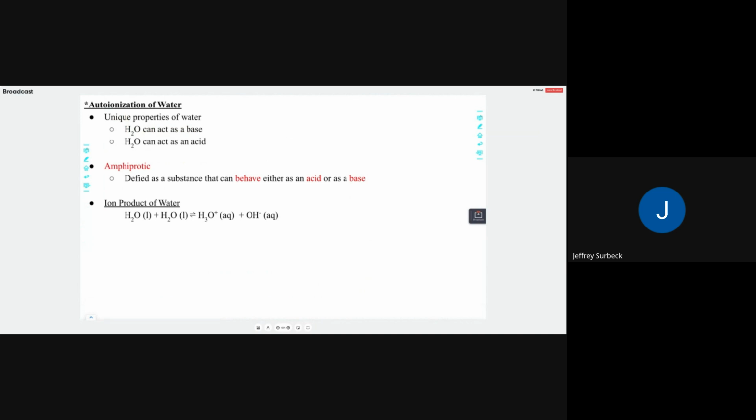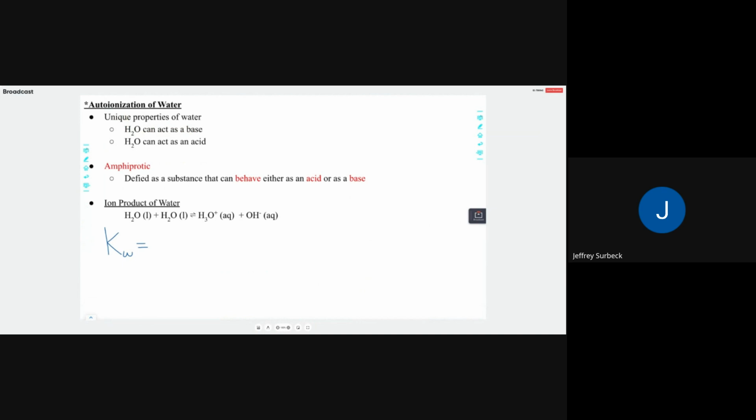If I said, hey, write the equilibrium expression for what is given in this example, you would start out with K. Because we're dealing with water, just to specify, I'm going to call this KW. Now KW, or K in general, you guys have told me, is products on top divided by reactants. So let's start with our products.